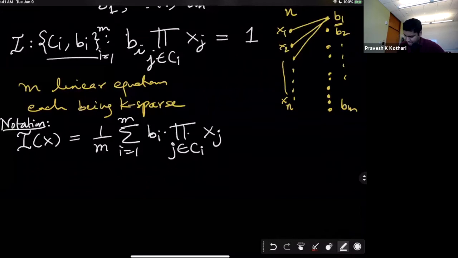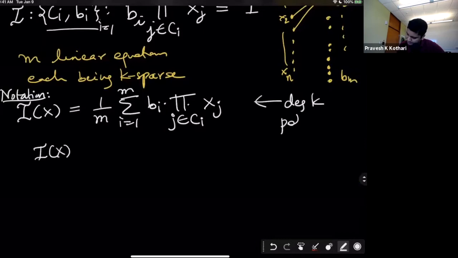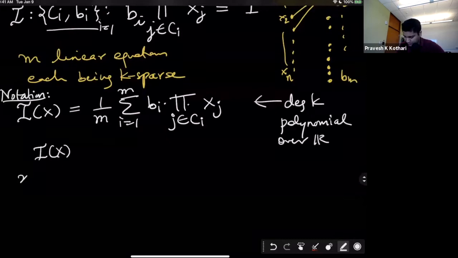So, okay. Notice what happens to I of x. This is a degree k polynomial, as you all have probably noticed, over the reals. And its input, think of giving it input as various Boolean assignments. So my Boolean assignments are now in plus minus 1 to the n.